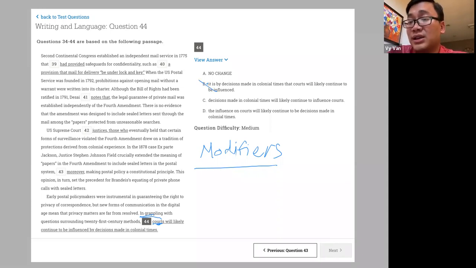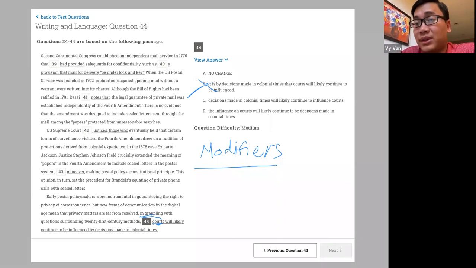Not B, because you haven't said anything yet, so you cannot use a pronoun. You only use a pronoun when you have mentioned something. So C, decisions made in colonial times. If you choose this, that means the decisions are grappling with questions, okay? So this is wrong. And then D, the influence on courts.